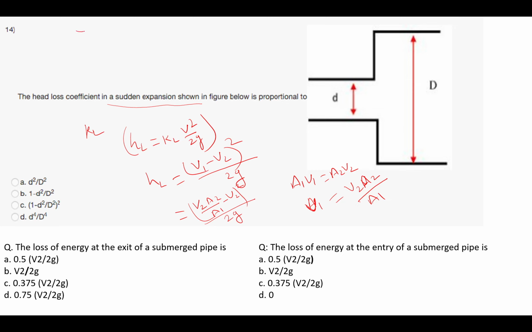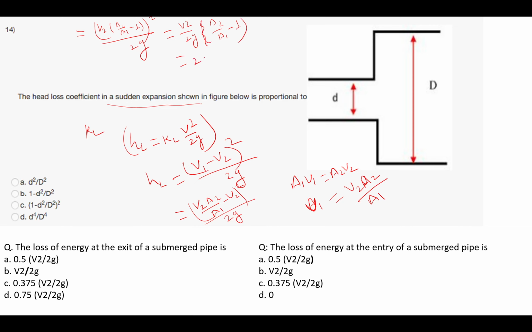Here you can take the common factor, V2 outside. So the value will be (A2 by A1 minus 1) whole square, multiplied by V2 square by 2g, and this is your KL. So KL is (A2 by A1 minus 1) whole square.